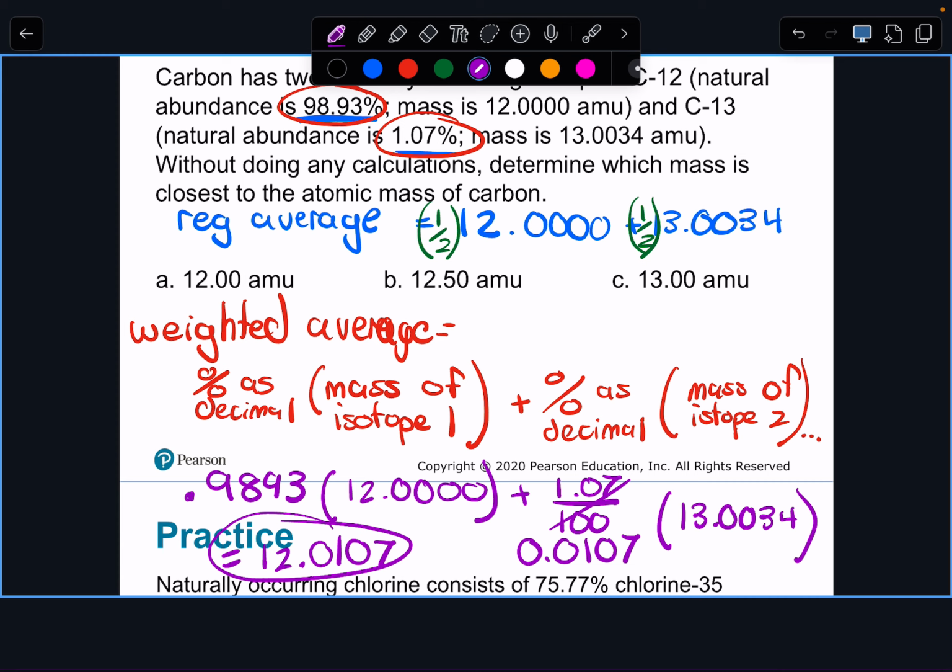Okay, so why do we do this? Well, when we grab a chunk of carbon, so think charcoal, that's the closest thing to pure carbon, just any sample of carbon is likely to be pretty darn close to this distribution of isotopes. That's how isotopes work.